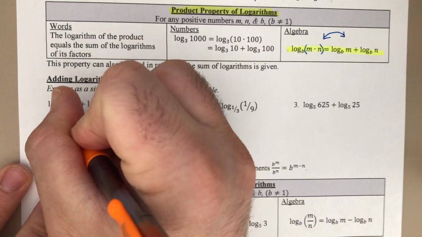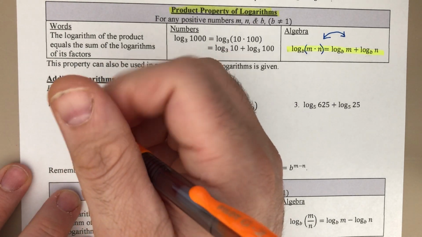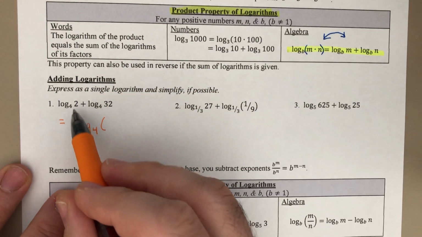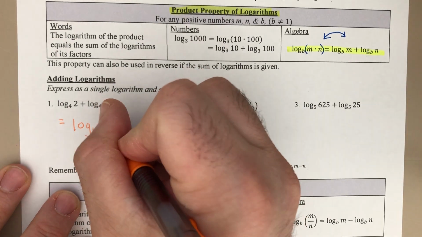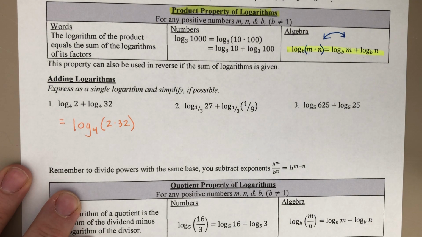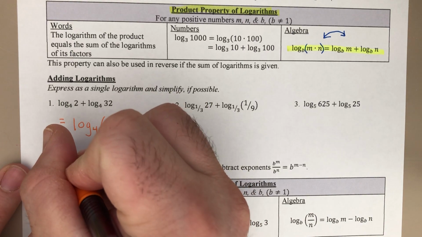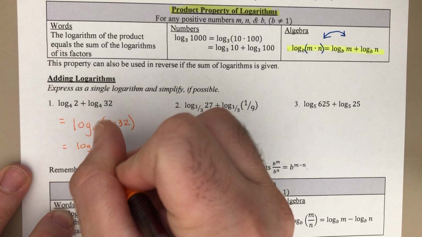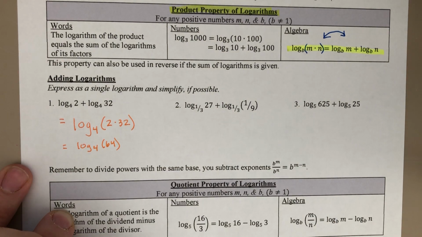So this will be equal to the log base 4 of 2 times 32, which then gets me log base 4 of 64.